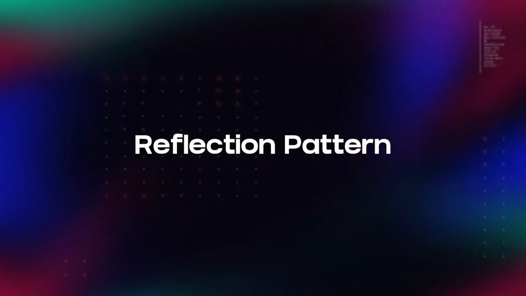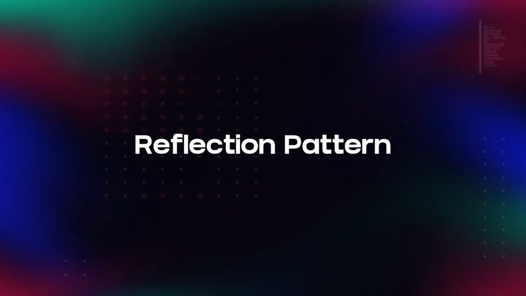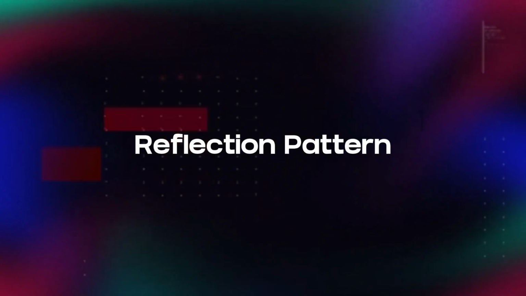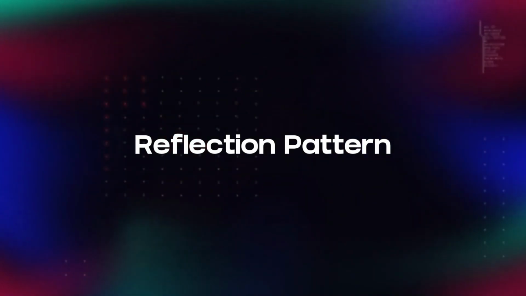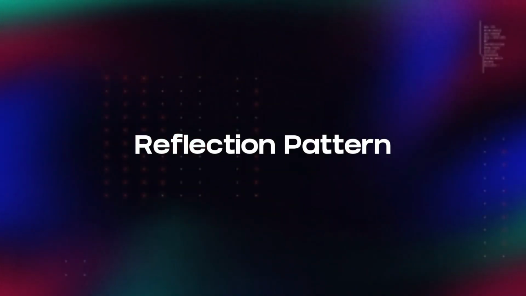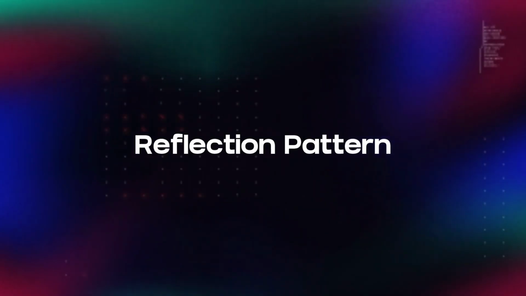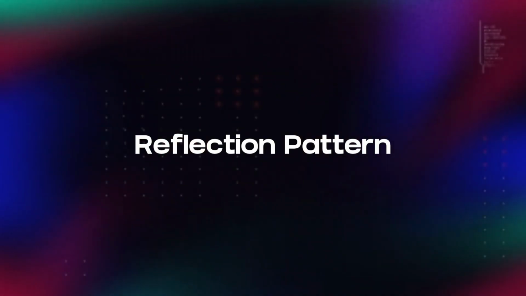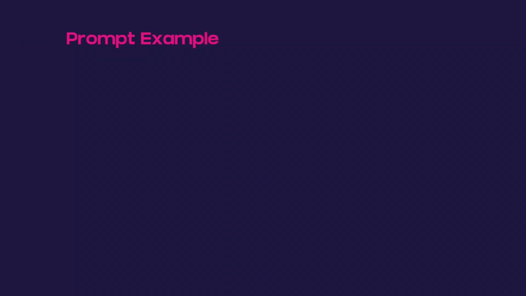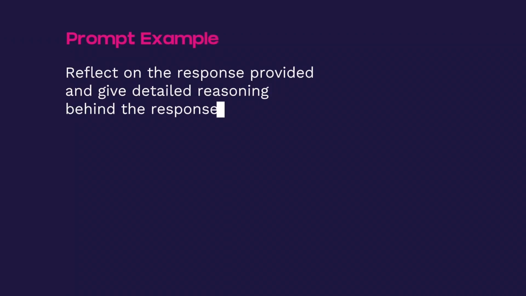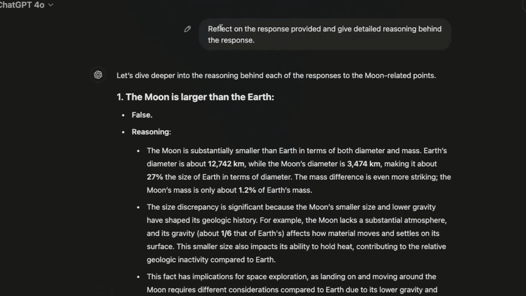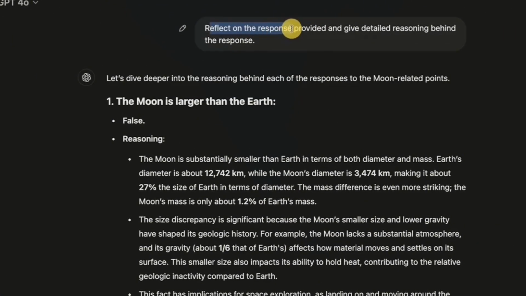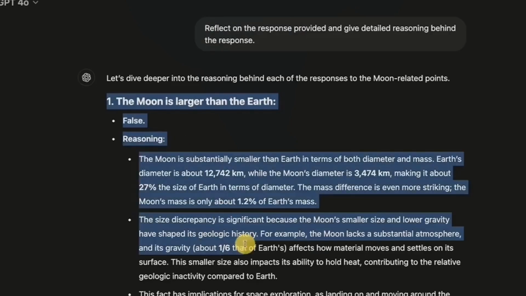Then next is the reflection pattern, and this prompts ChatGPT to reflect on specific arguments or opinions made for a deeper understanding of that topic. This is really great for identifying errors and is useful if you want to encourage better accuracy of your responses. An example prompt here could be, reflect on the response provided and give detailed reasoning behind the response. You see here the result, with the trigger word being reflect on the response, and this is based off of the response I got earlier.